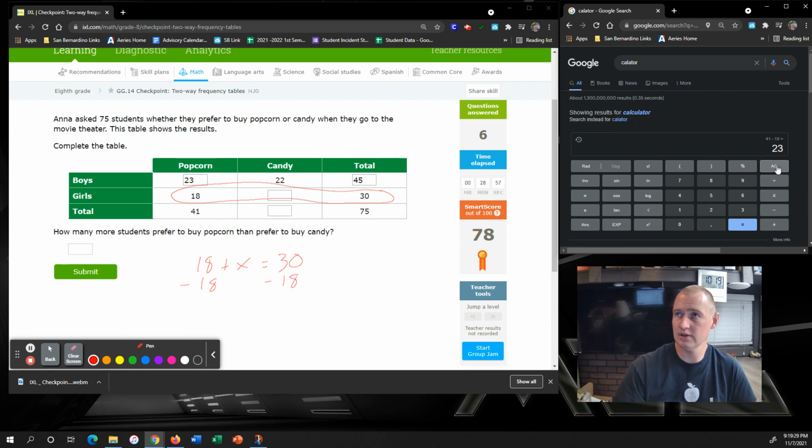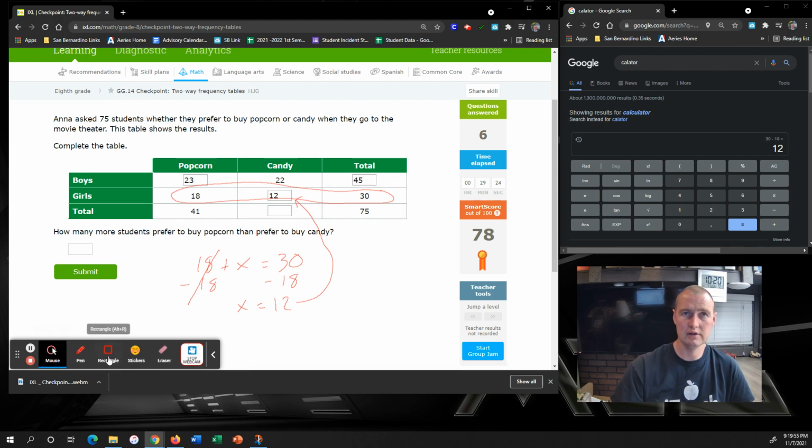So we got 30 minus 18, which should give us a total of 12. So we're plugging 12 there. And in case you're wondering, well, Mr. Painter, you didn't even finish the problem. Yeah, if you want to finish it, go ahead, cancel that out. x equals 30 minus 18, 12. And that's how I knew that went there.